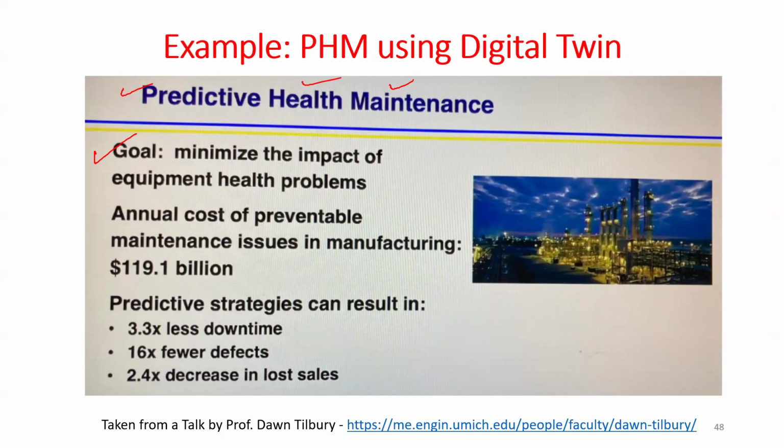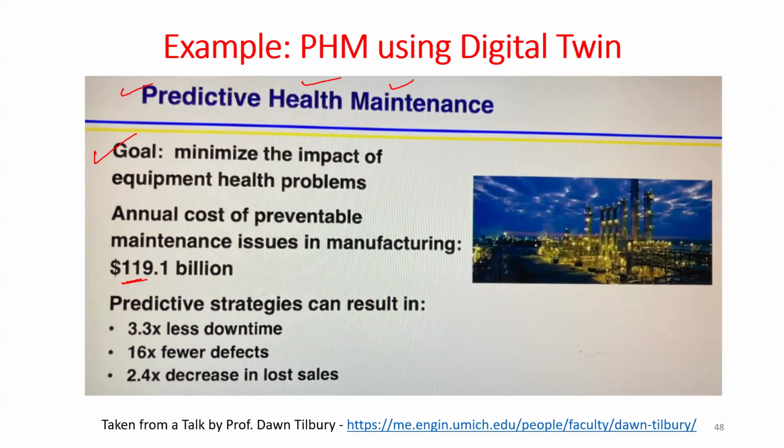This is achieved by continuously monitoring equipment conditions and predicting future issues using digital models. As an estimate, the annual cost of preventable maintenance issues in industry is around $120 billion. These are costs that can be avoided through better monitoring and proactive maintenance strategies. It is a continuous process as the industry evolves, so this opportunity keeps changing and continues.